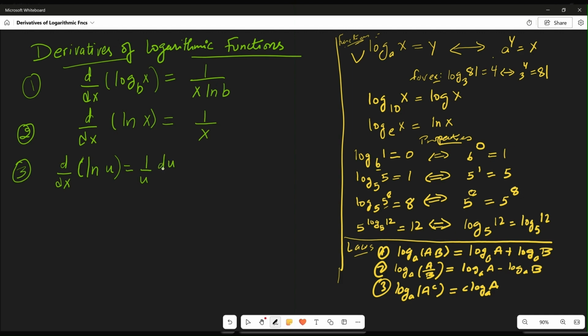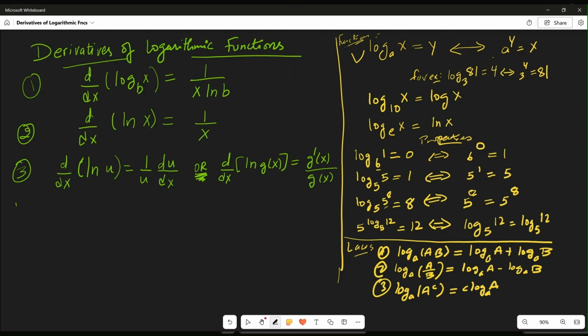This is the one I like to use: the natural log of this function g of x is equal to the derivative of g of x divided by g of x.